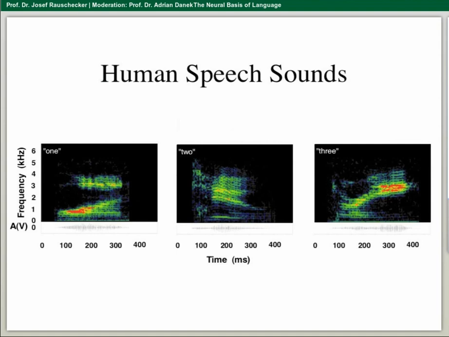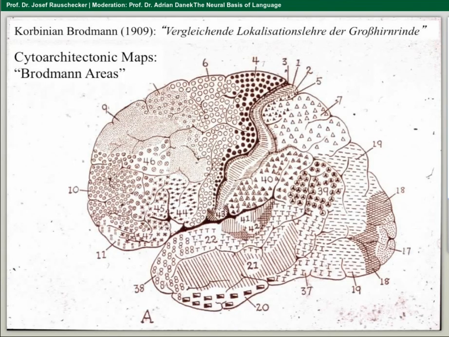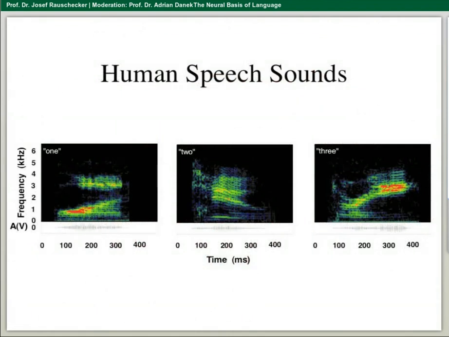These are so-called spectrograms that we can use to describe the nature of speech. So this is frequency plotted over time. Speech is obviously a time-varying signal in the acoustic domain, and you see that there are frequency changes that occur when we speak regular words, and there are harmonic elements in there.